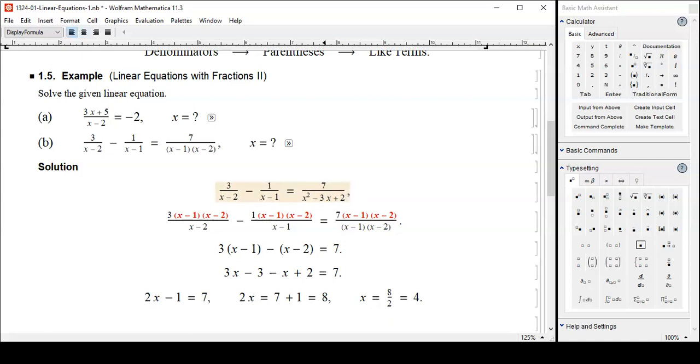From here, can you factor this denominator to get to this? So that the LCD is x minus 1 times x minus 2. Can you get this to that?